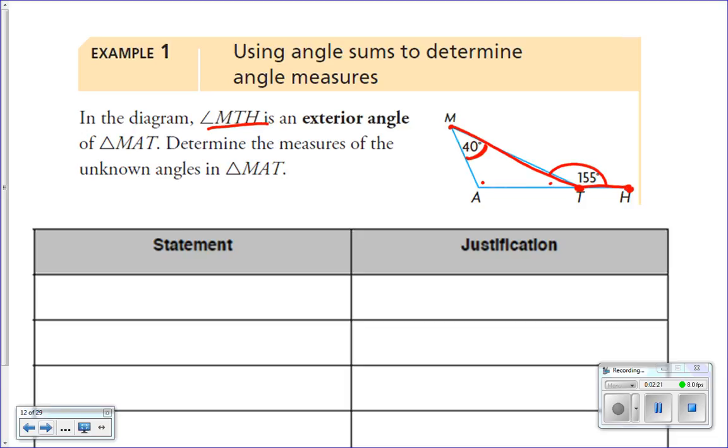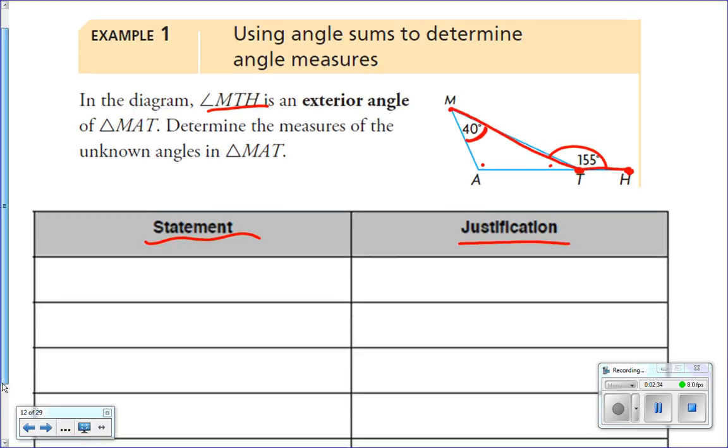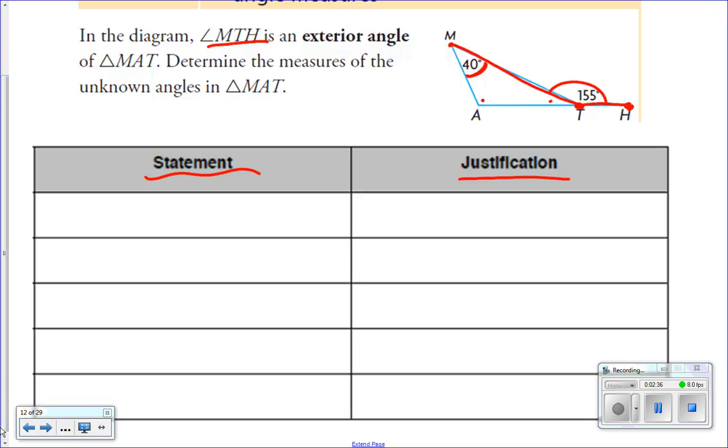The first thing that we want to do is take a look to see which one we can solve for first. Well, guys, if we look at this table here, we've got our statement and our justification. So statement means, okay, solve for something, and then justification means, okay, well, tell me what you did and how you did it. So the first one, hopefully you guys are looking at being able to solve, is this guy right here.